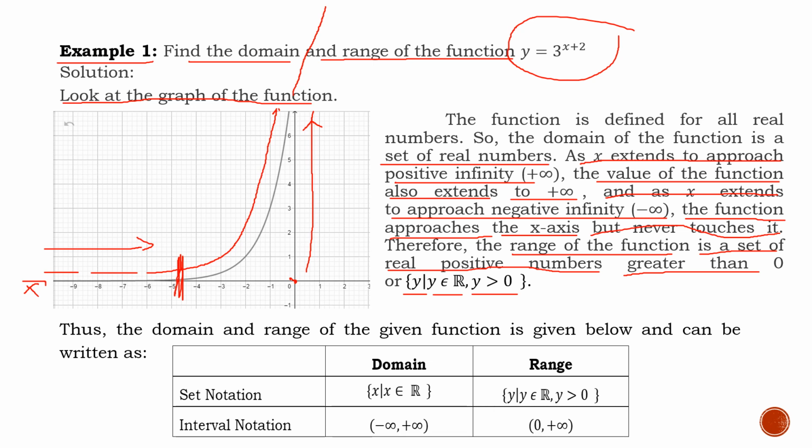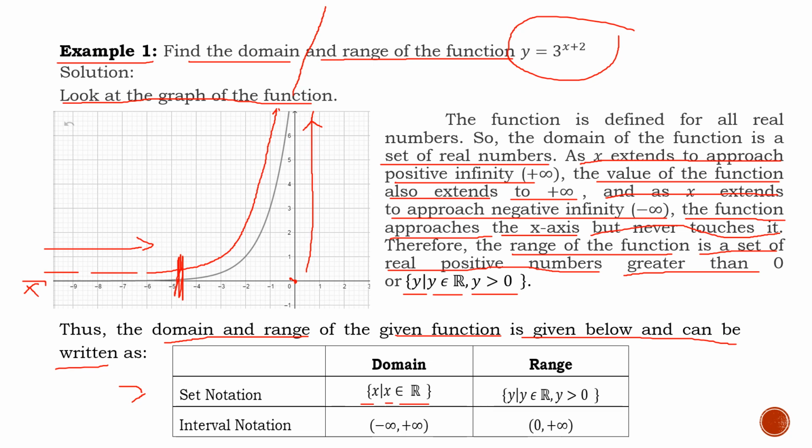Thus, we conclude that the domain and range of the given function can be written as, using set notation, x such that x is an element of all real numbers. So based on your graph, your x can be negative numbers up to positive numbers.